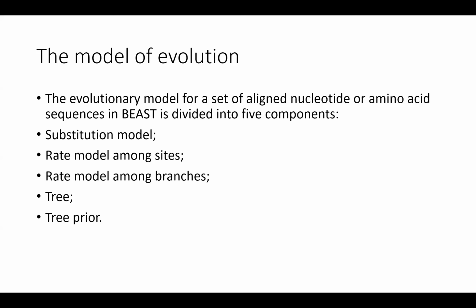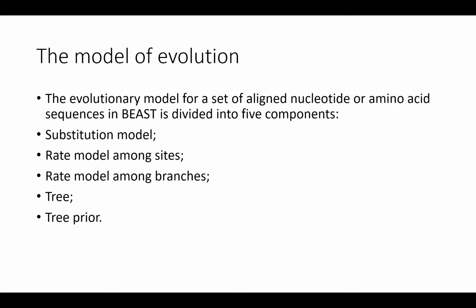The rate model among sites defines the distribution of relative rates of evolutionary change among sites. Rate model among branches. This model defines the distribution of rates among branches, and it's used to convert the tree, which is in units of time, to units of substitutions. These models are important for divergence time estimation procedures.